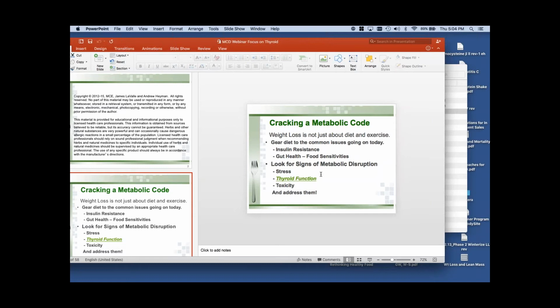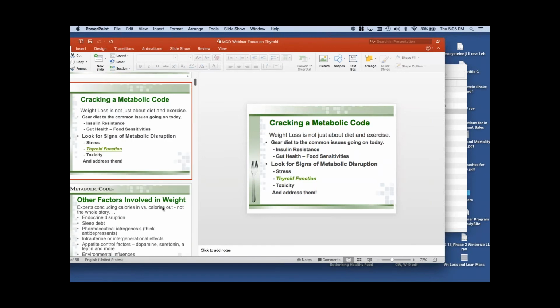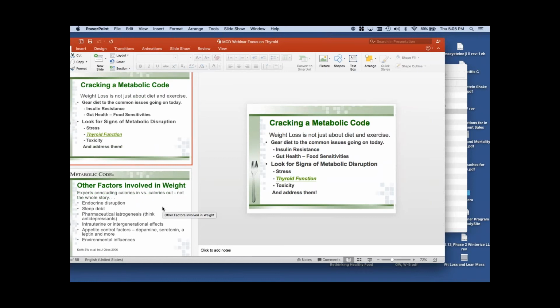And one of the big core things that we assess and address with metabolic code programs is we make sure to do a good assessment of thyroid function, because it's been a problem for a number of years that people are going around with thyroid symptoms, and very often it's not getting addressed just because of the way thyroid labs are read by conventional medical practices.